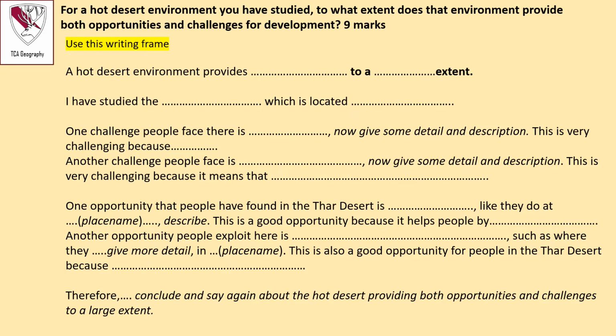Now I'd like you to use this writing frame, but don't pause now to write it down. Just have a little look through it now. So: a hot desert environment provides opportunities and challenges for development to a large extent.